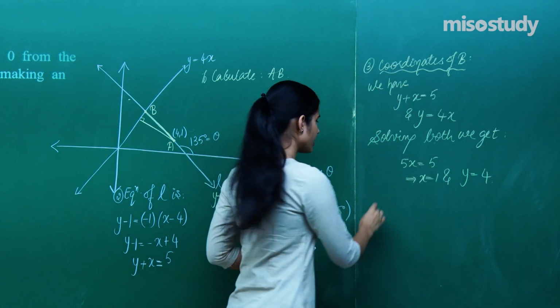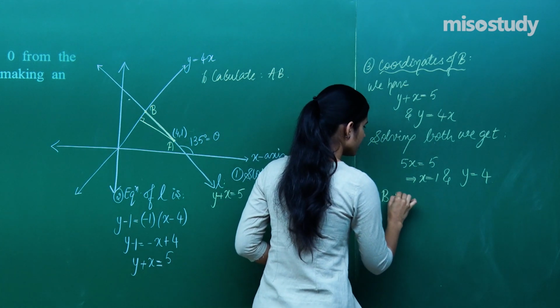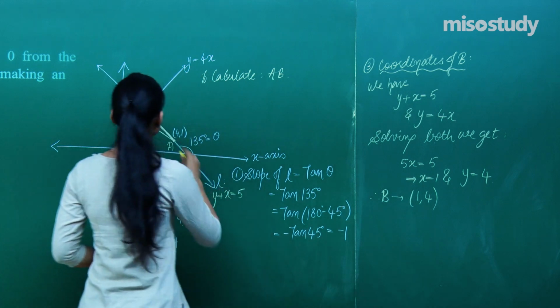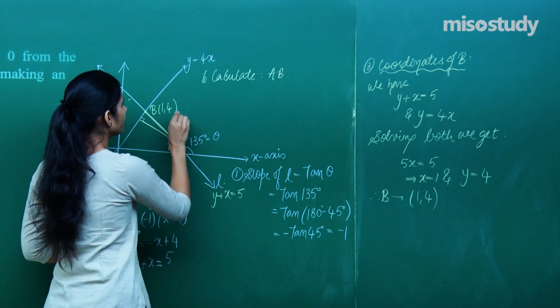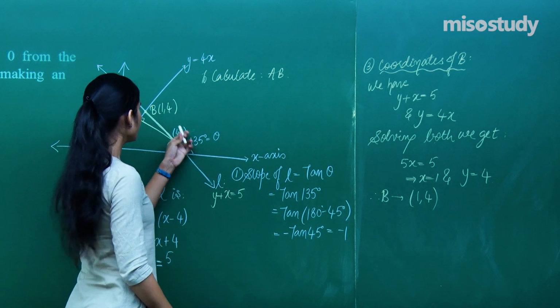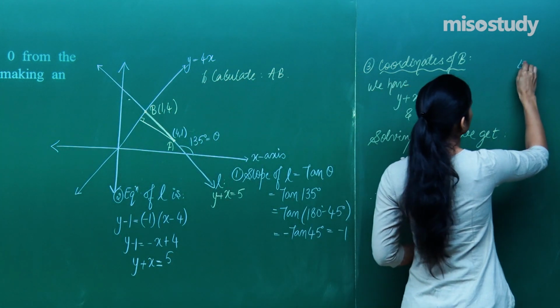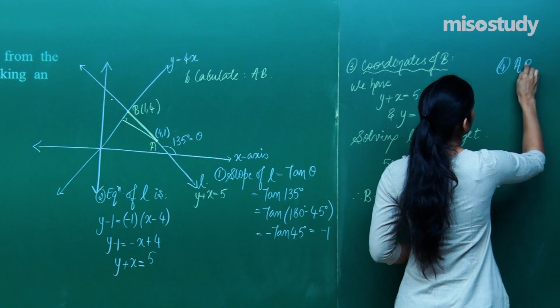So coordinates of point B are 1, 4. So this is B, 1, 4. You have coordinates of A, coordinates of B, just calculate the distance between A and B.